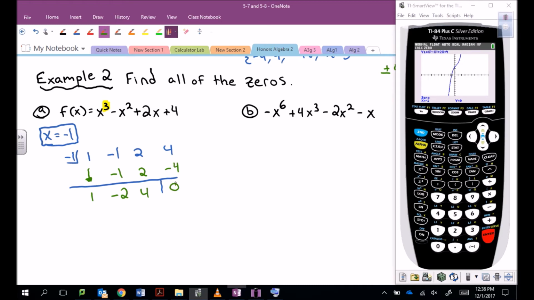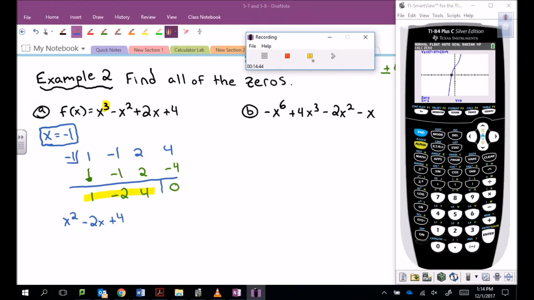Now, we already knew -1 was a factor. What we really cared about is we wanted the depressed polynomial, which, if I rewrite that in terms of an equation, is x squared minus 2x plus 4.